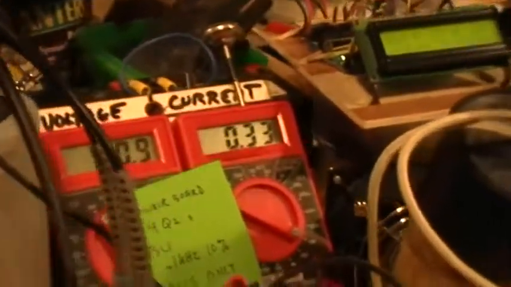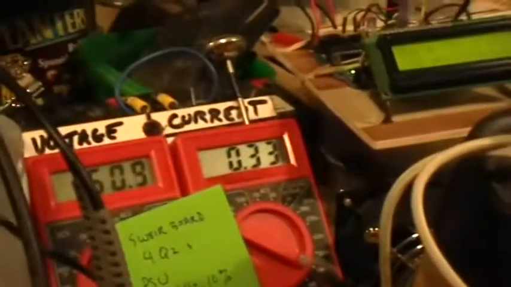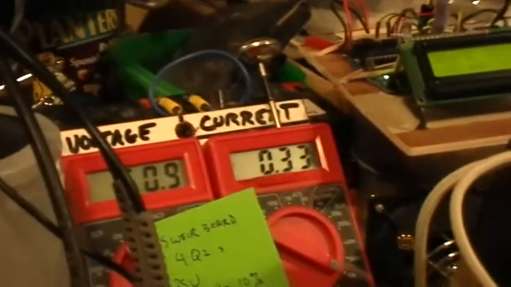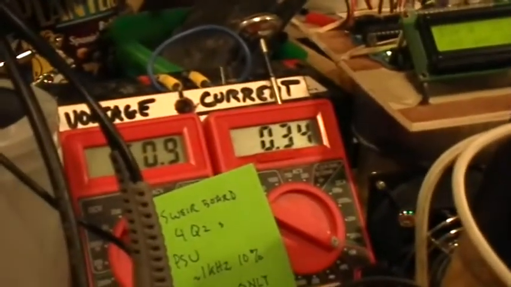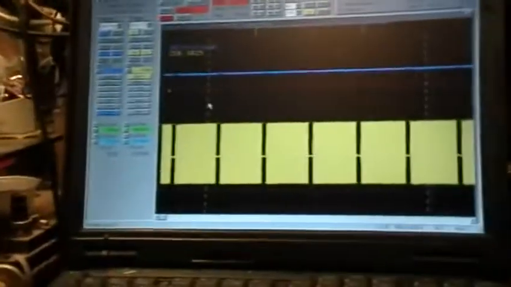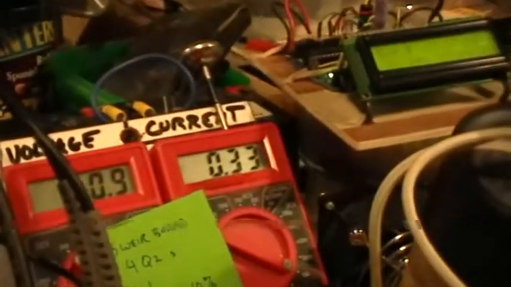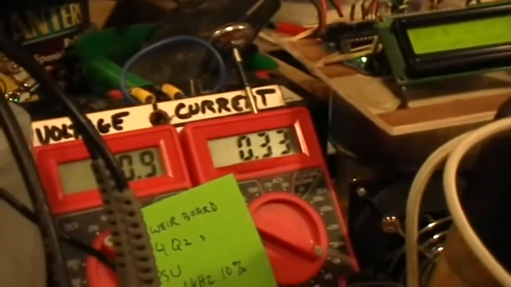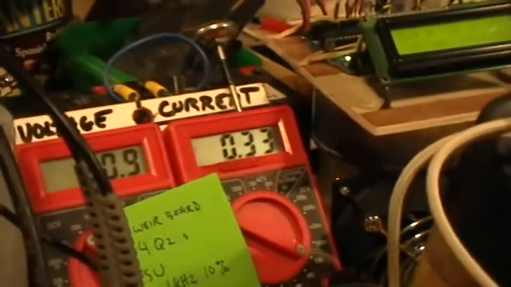Now, same thing with the digital multimeter. Here's the jumper. Watch the meter. We're not oscillating now, and now we are oscillating. Wait a minute, sorry. We are oscillating now, 33, 34. Now the jumper is in place, 33. No big oscillations.